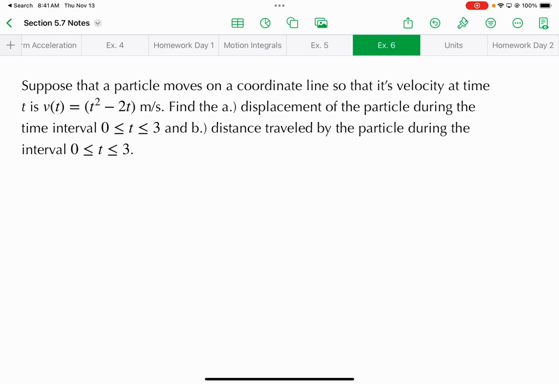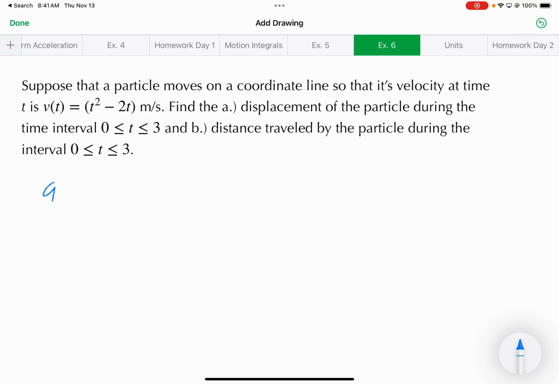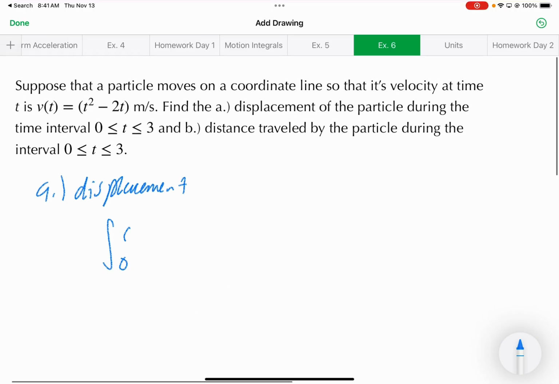So if I want to find displacement for part A, I'm just going to integrate from 0 to 3, and I do not need to be concerned with the sign, or whether it's positive or negative on that interval, because I just want to find my displacement. So I'm just going to take my definite integral. If there's negative values, then that'll work against my net signed area, and that's fine.